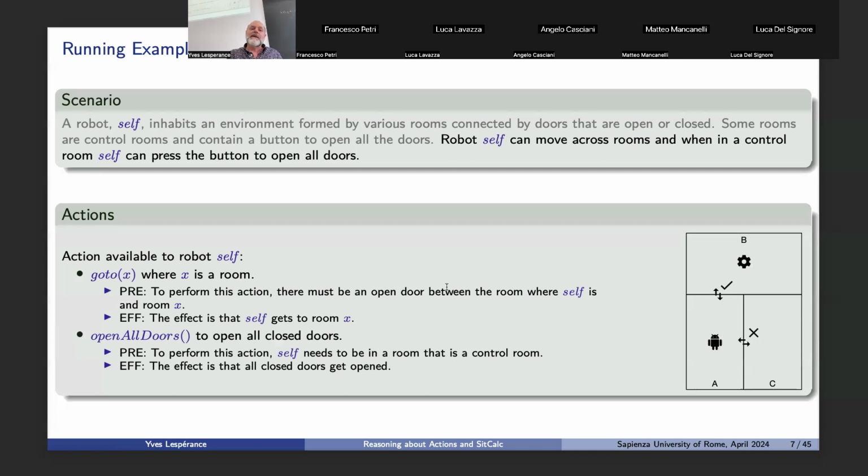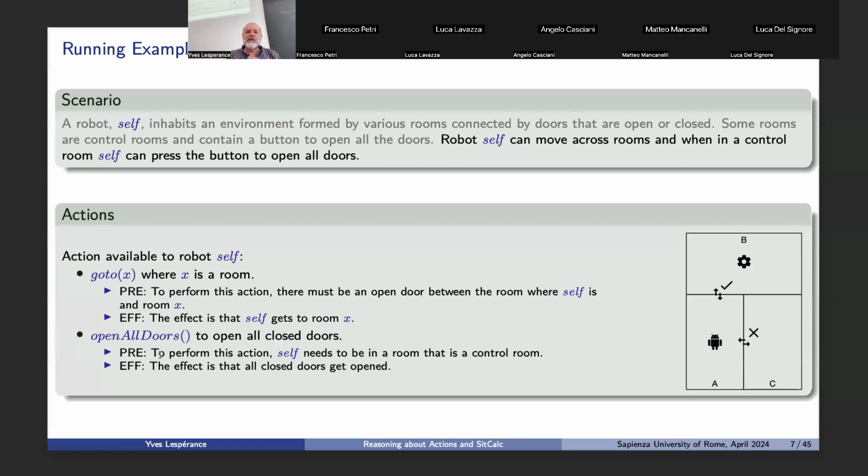This is required if the agent is to be able to go to room X. What's the effect? After this action, the agent is in room X.